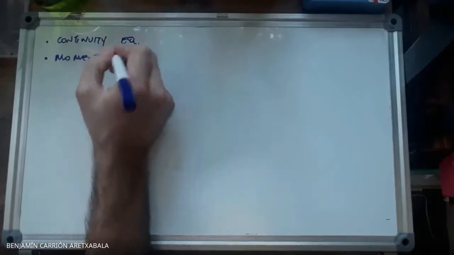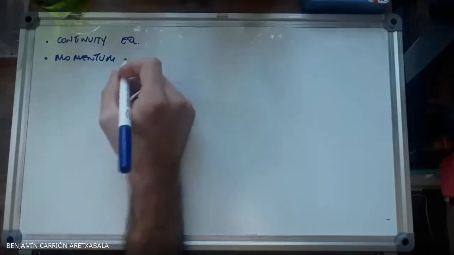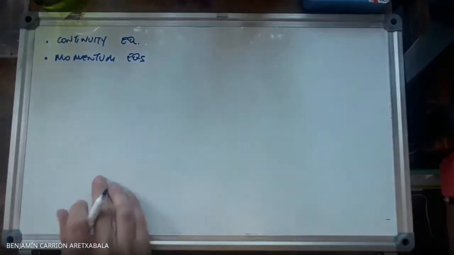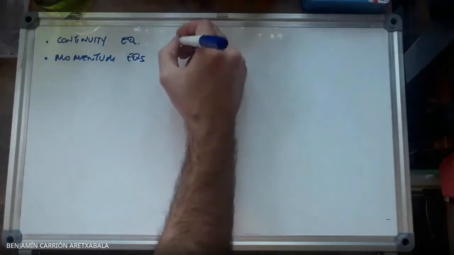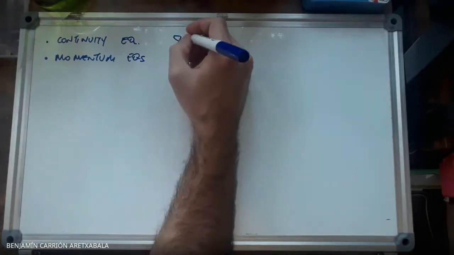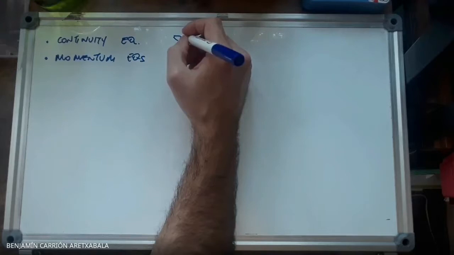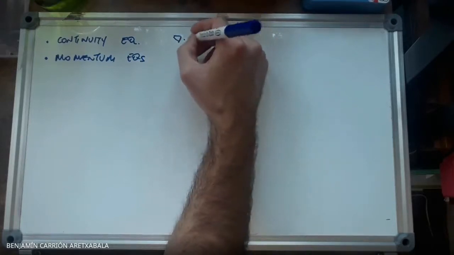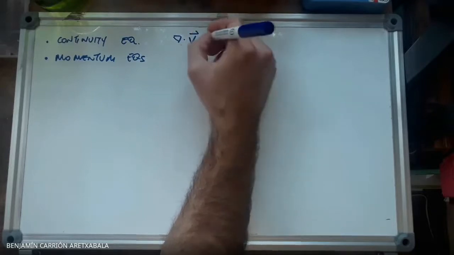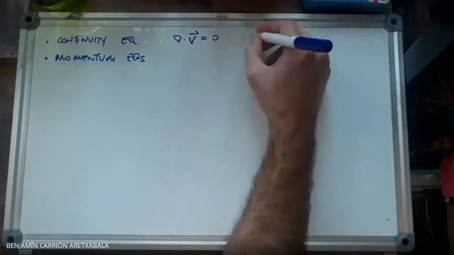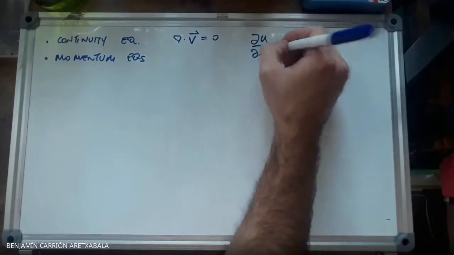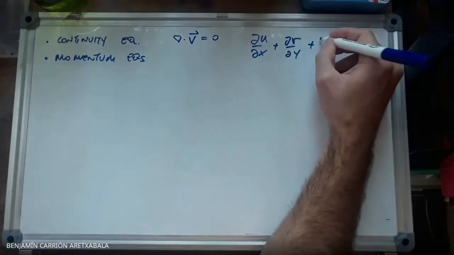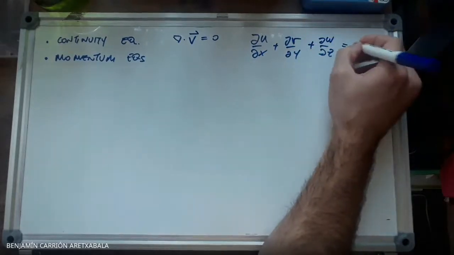This is why I don't like to talk about moment. I'd rather say torque, right? Momentum equations, and these were three. The continuity equation basically said that for incompressible flow, the nabla of the velocity vector has to be zero, and this is just du/dx plus dv/dy plus dw/dz has to be zero.